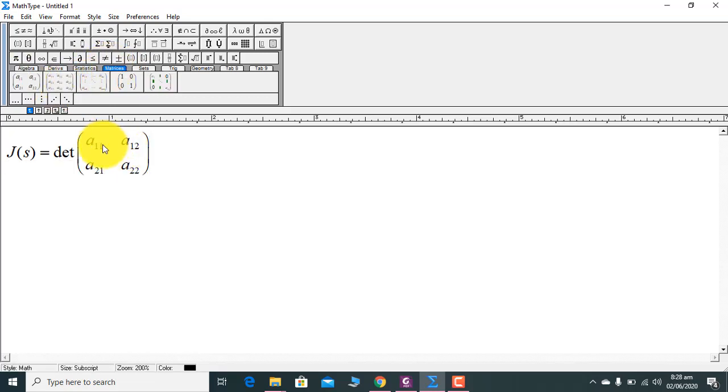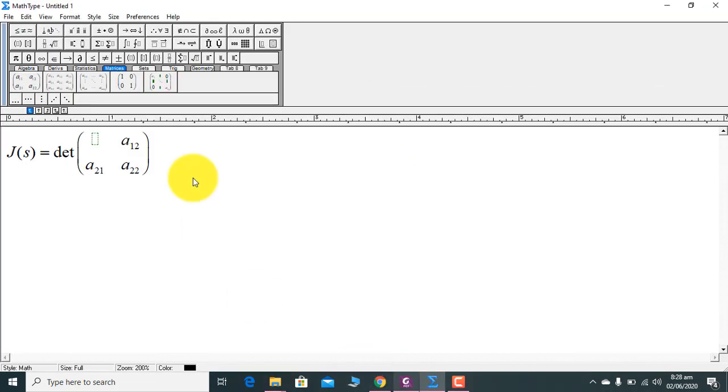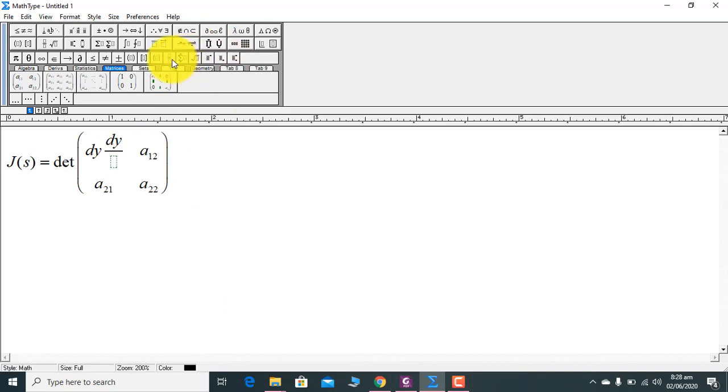The first entry is dy over ds, and then dx over ds, and then B and A. So this is your Jacobian of the transformation.